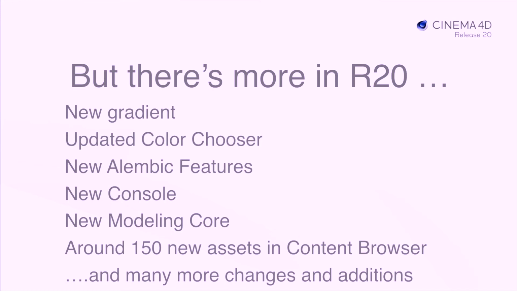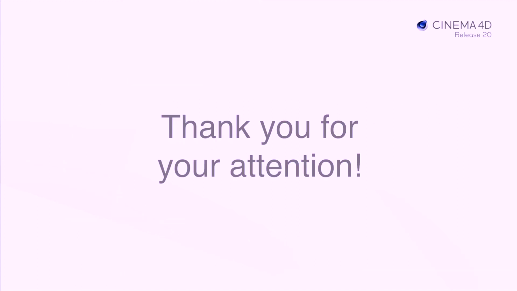They're laying the groundwork for things to come in the future, and the modeling core is one of them that's already been done. The content browser has around 150 new assets and many more changes and additions.